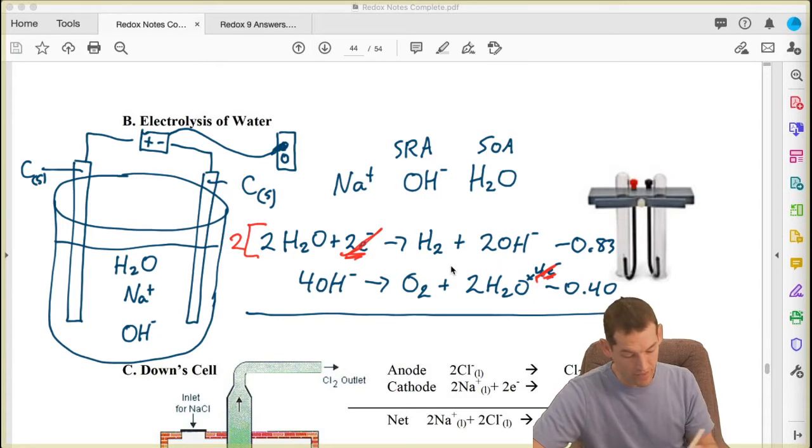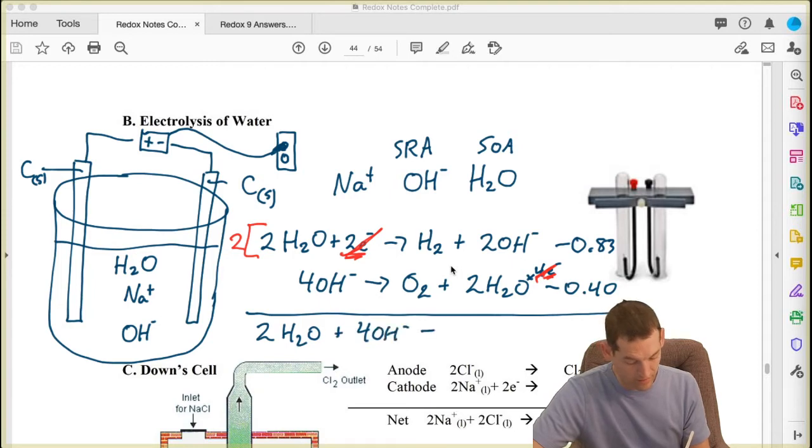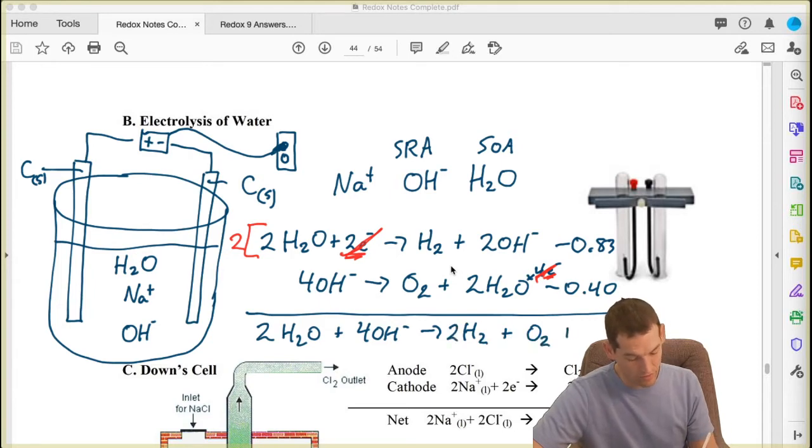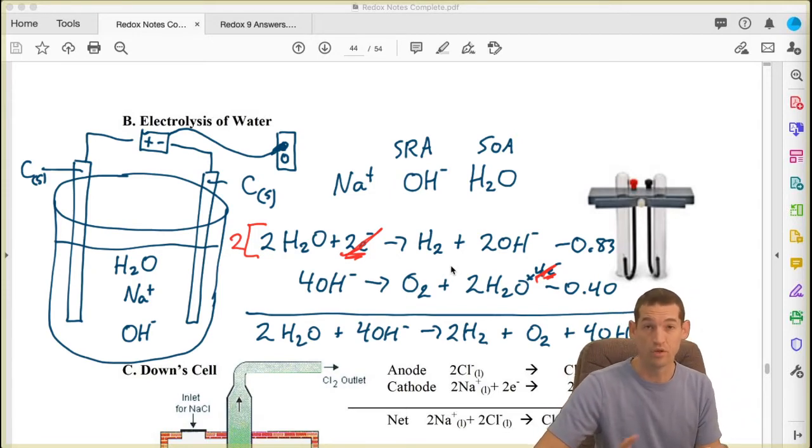So now I can combine this into 4H2O plus 4OH negative becomes 2H2 plus O2 plus 4OH negative. Now, an interesting thing happens here. We've got 4 OH negatives on both sides.